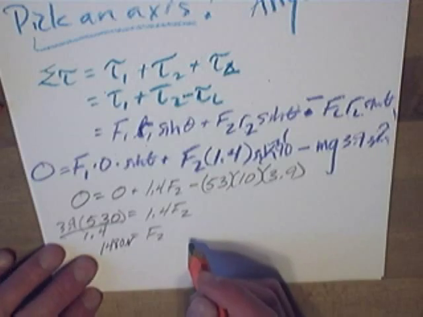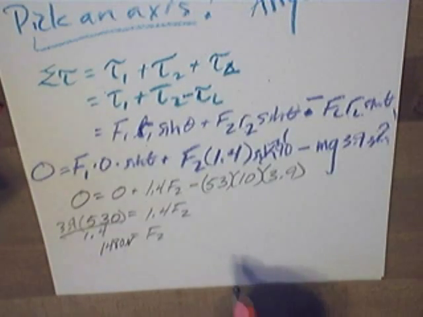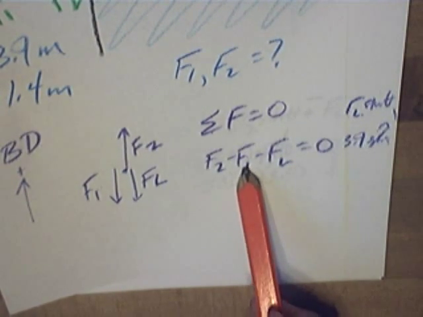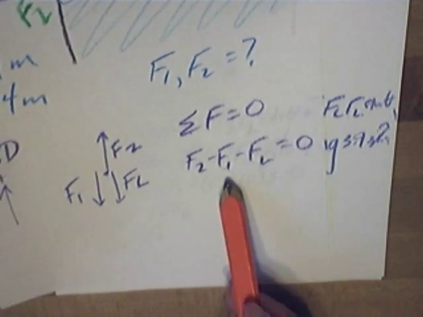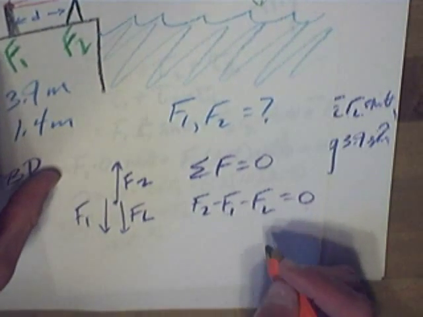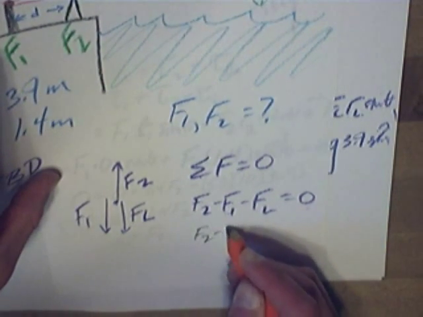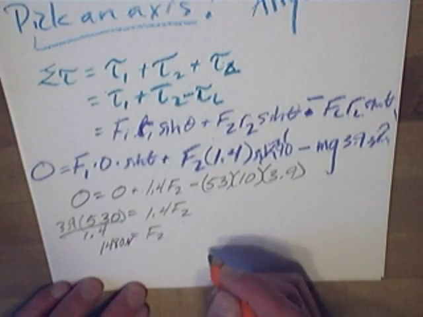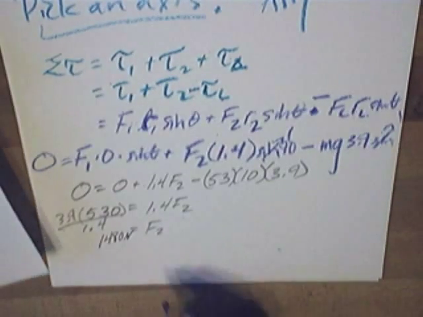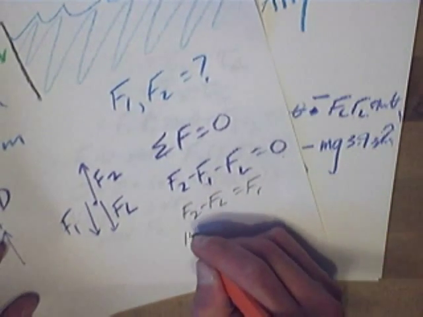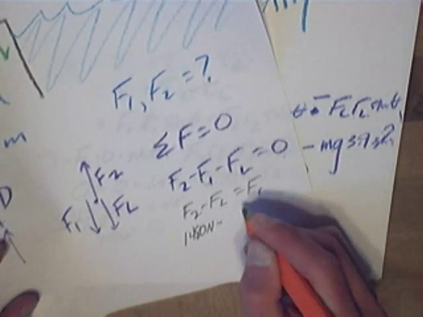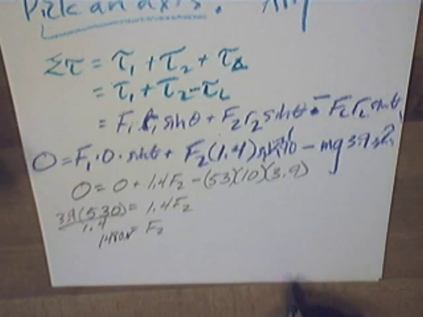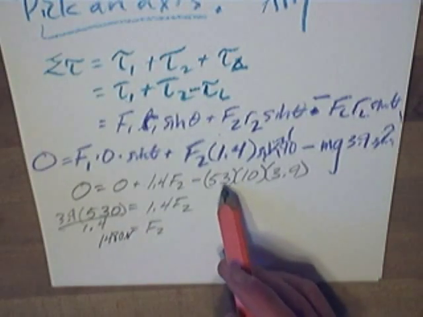Well, what's F1 equal? If I go back to over here, the sum of my forces, F2 minus F1 minus FL equals 0. If I move this around, F2 minus FL equals F1. So I've got F2 equals 1480 minus the force of me, which is 530.